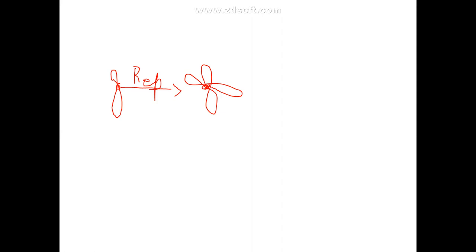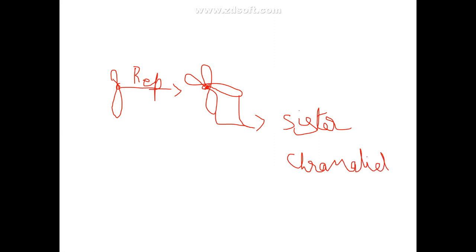So here what happens? This and this, you call them sister chromatids. This is called a sister chromatid, C-H-R-O-M-A-T-I-D. So what do sister chromatids mean?